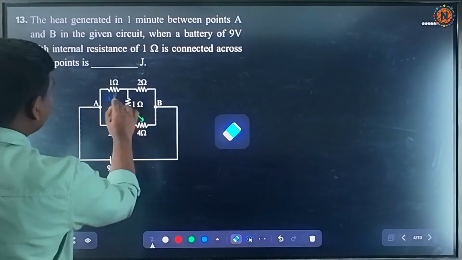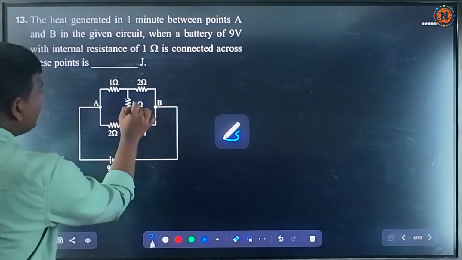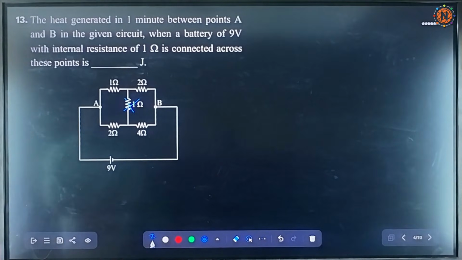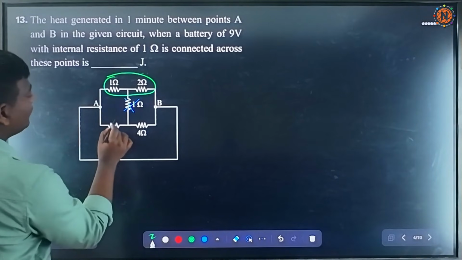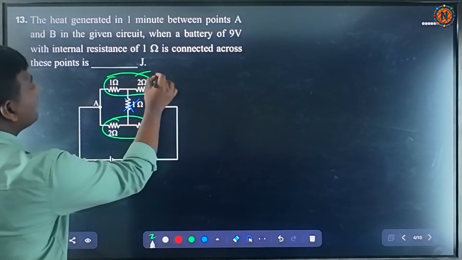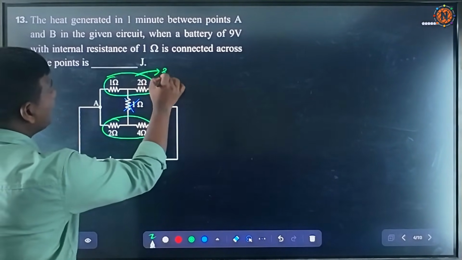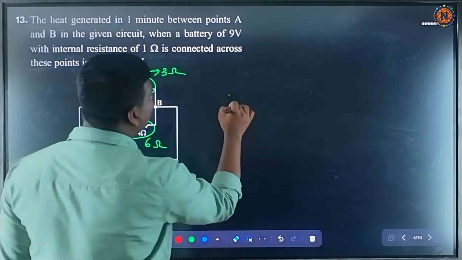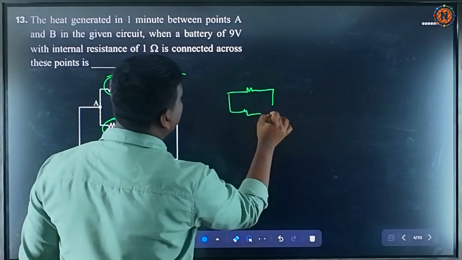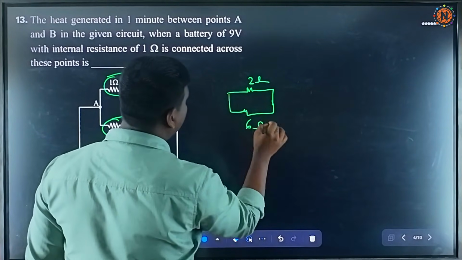So what you can do? We can remove this middle term, yes or no? If you remove the middle term, these two resistances will be in series and these two resistances will be in series. The equivalent resistance becomes 1 plus 2, which is 3 ohm, and then 2 plus 4, which is 6 ohm. Now see the combination here. This is 2 ohm and this is 6 ohm.